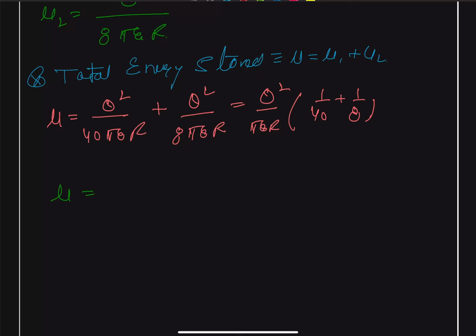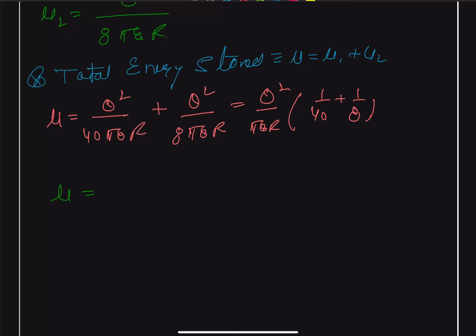The common denominator is 240, and 240 gives us 30 plus 6.